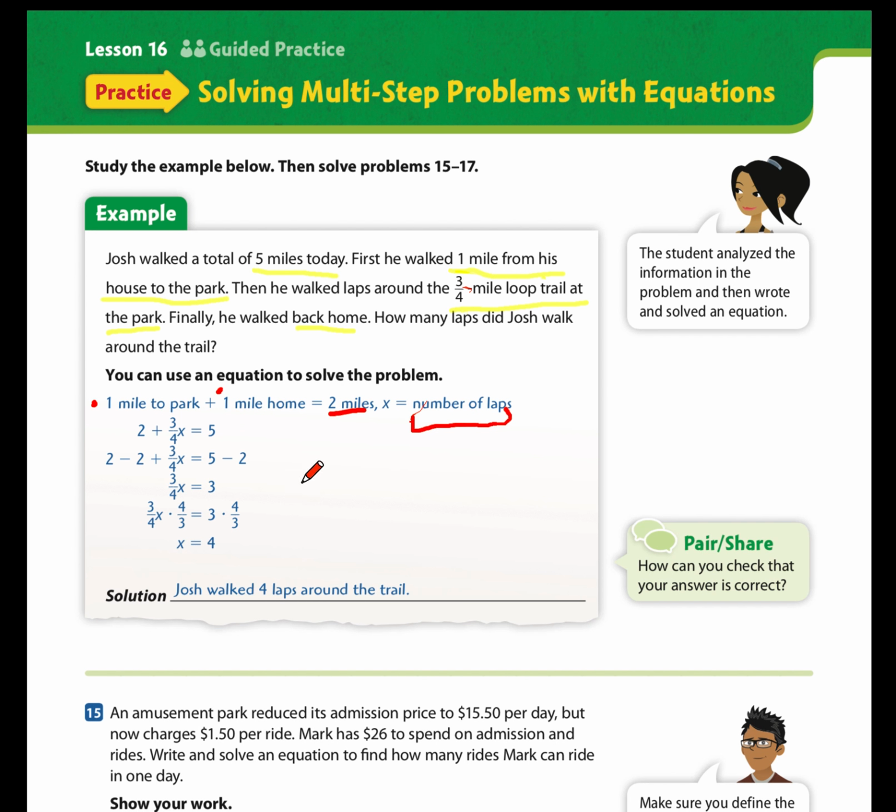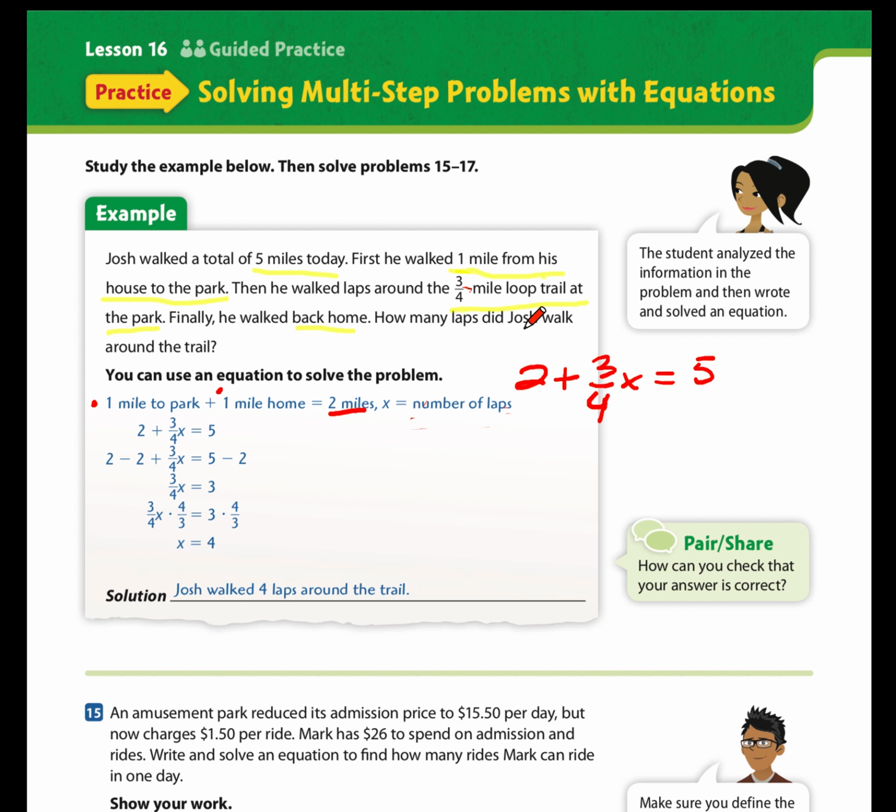Now, I'm going to go ahead and work it out over here just so I can talk to you about it as I work it out. So I'm going to erase this real quick just so I have a little bit more room. You can rewrite this alongside with me if you prefer. So I'm going to have 2 plus 3/4 x equals 5.